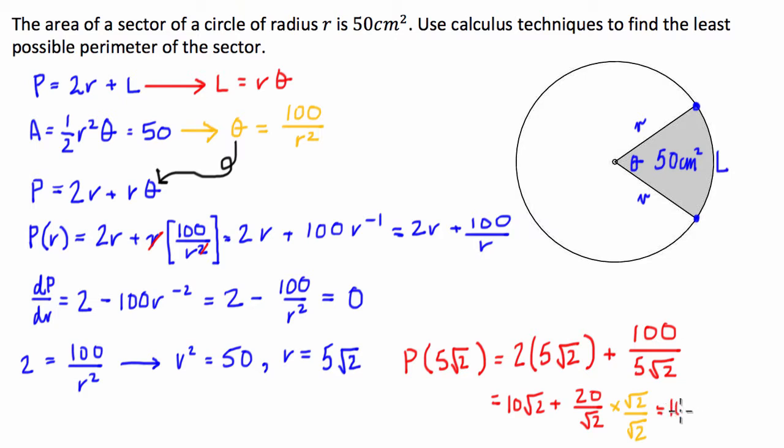So we have 10 square root 2 plus 10 square root 2. And therefore, guys, the minimum perimeter for this scenario is going to be equal to 20 square root 2 centimeters.